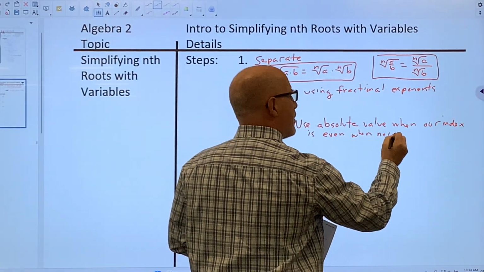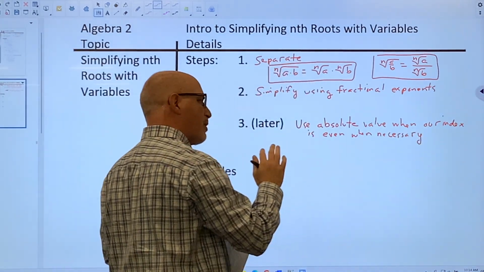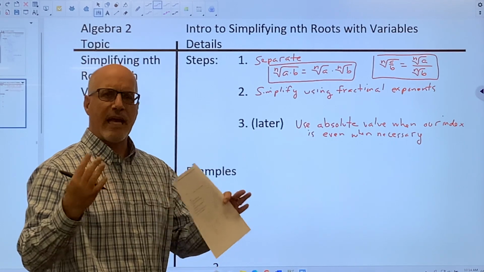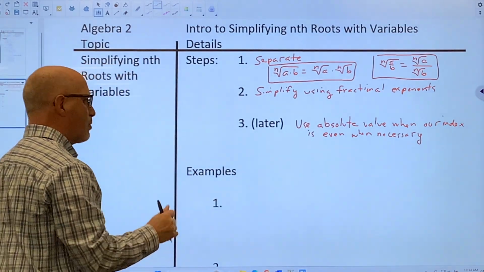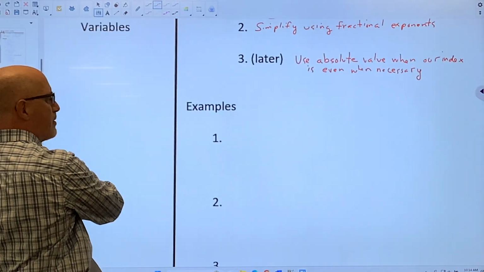It's not going to happen all the time, so our examples today won't include this step, but there will be times where you'll need to put an absolute value onto your result. Okay, let's use these steps to do a few examples.